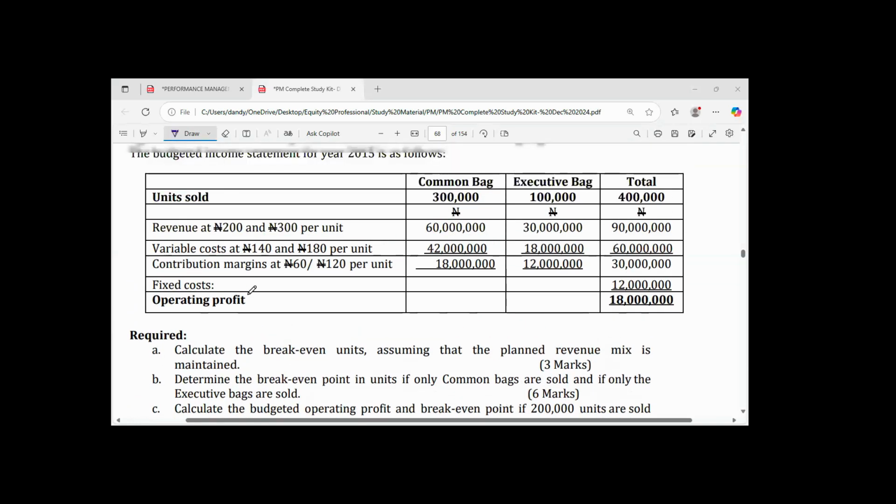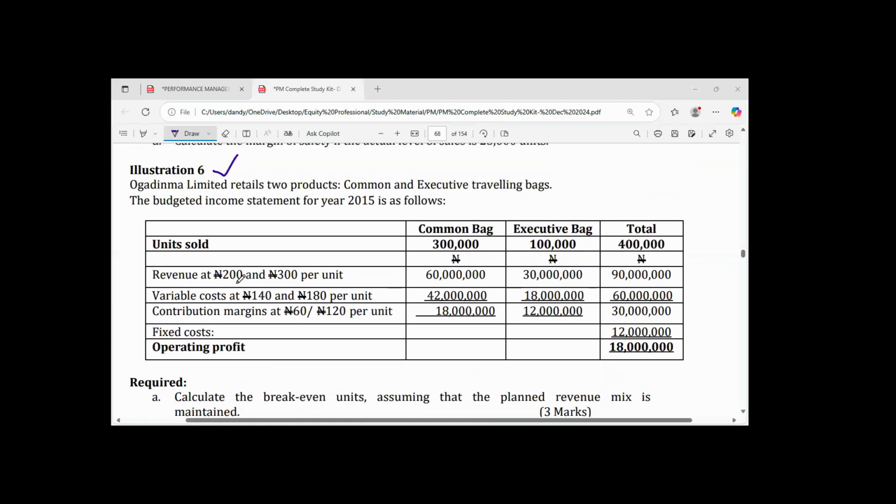Of course, this question relates to break-even analysis, but for the fact that this company, Ogadima Limited, produces two products, common as well as executive bags, then this means this is a multi-product break-even. So if it's a multi-product break-even, I gave you about 5 procedures you are expected to carry out. However, those procedures will depend on the requirement of the question.